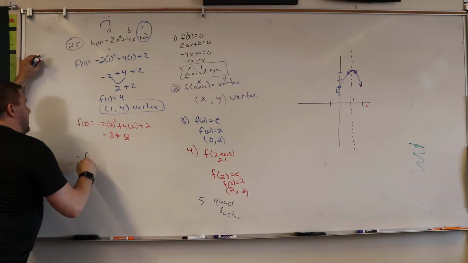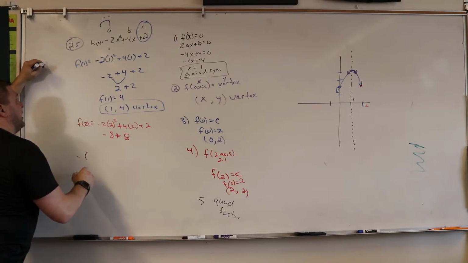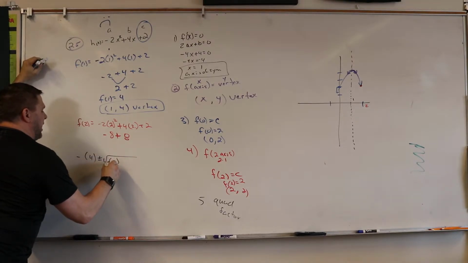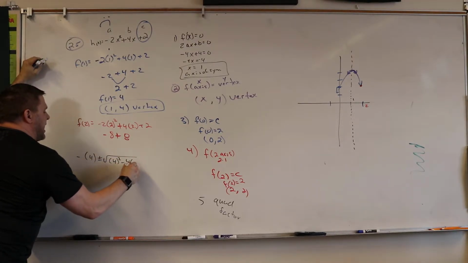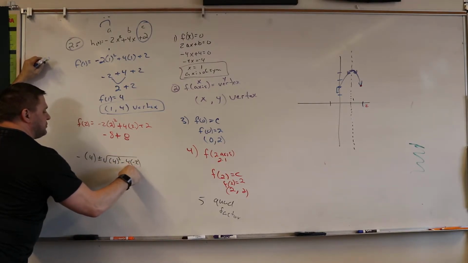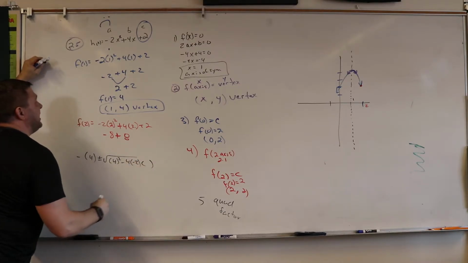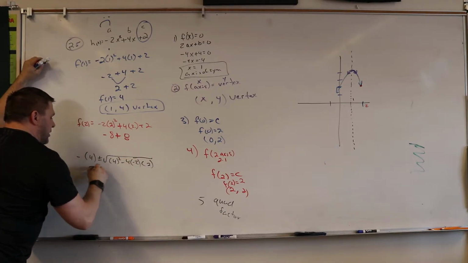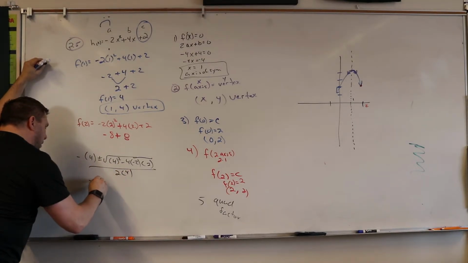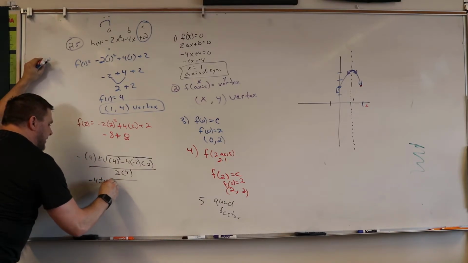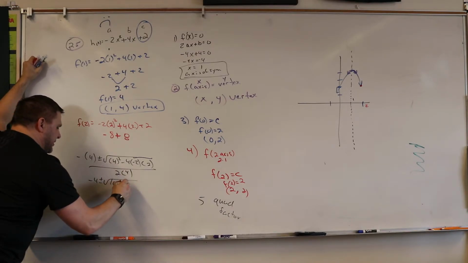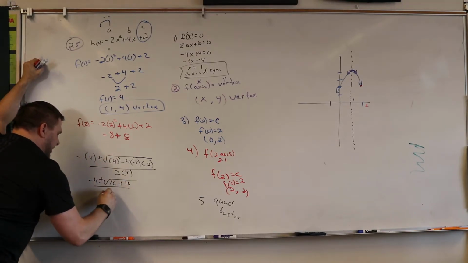Negative b is 4, plus or minus the square root of b squared minus 4ac. What's a? Negative 2. What's c? 2. All over 2a. So we got negative 4 plus or minus the square root of 16, minus minus is a plus. 2 times 2 is 4, times 4 is 16, so that's 32, all over 8.